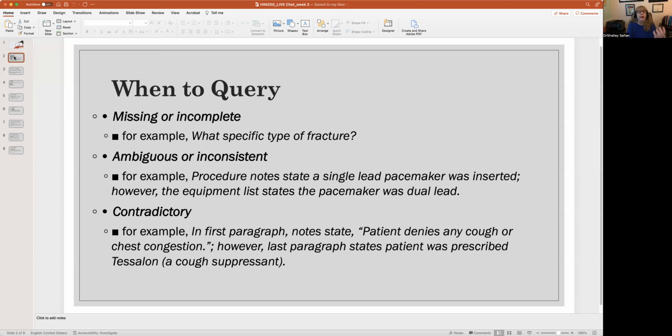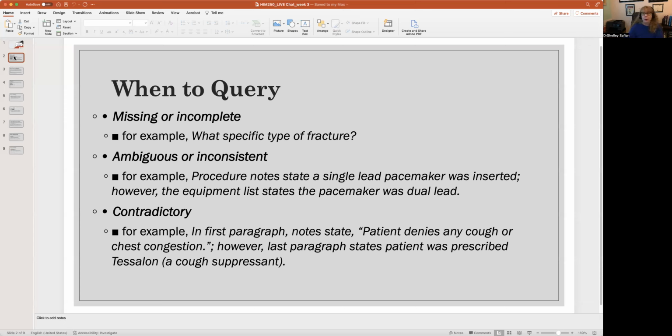So if you get to code and you only have information to go to an unspecified diagnosis code, for example, because the documentation says the patient has a fractured ulna, but it doesn't say what type of fracture, you need to know the specific type of fracture in order to assign a proper code.